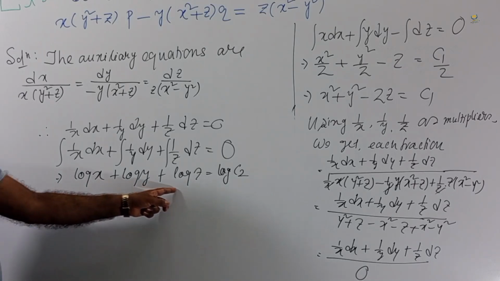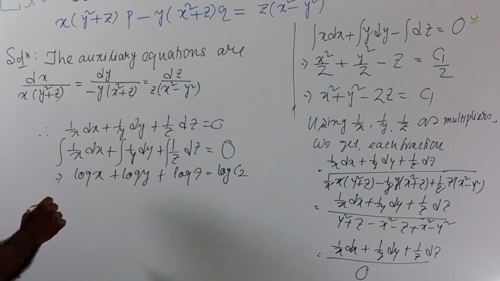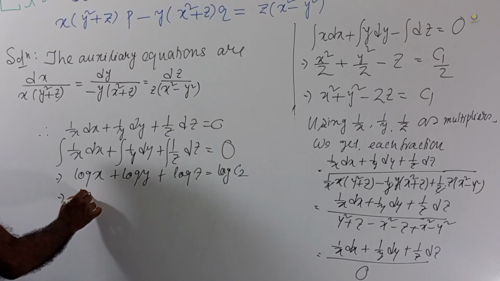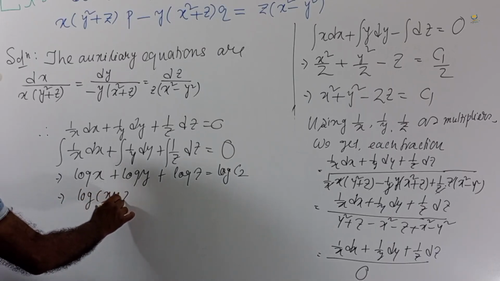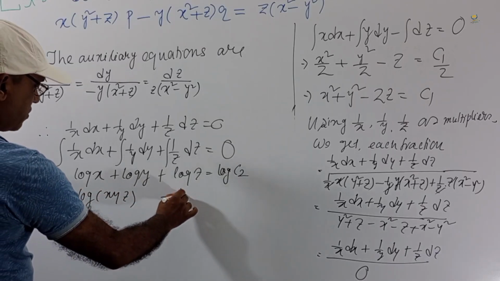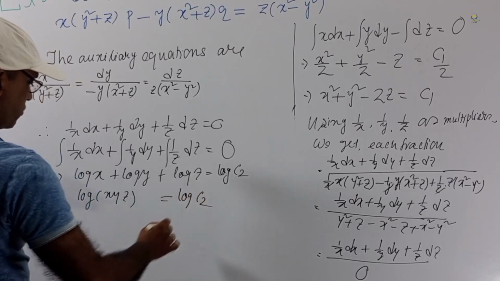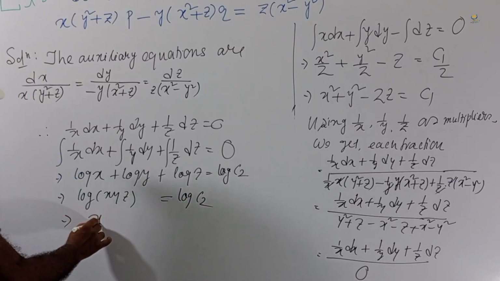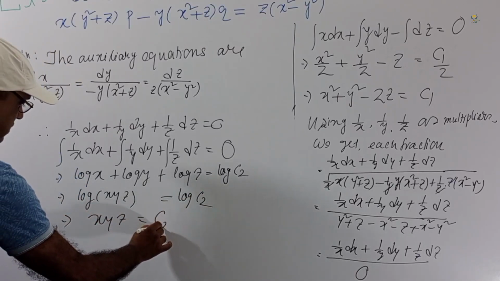And in logarithm, if it is plus, we can write multiplication. Log xyz equal to log c2. Therefore, xyz equal to c2.